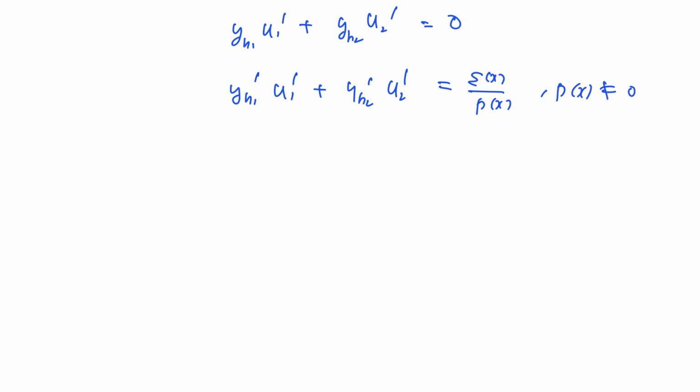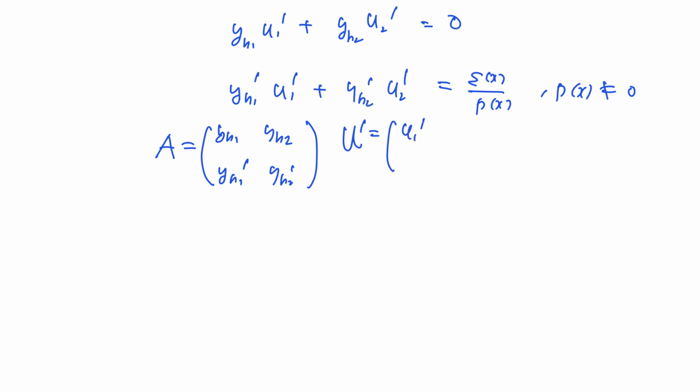Let's say A is the matrix yh1, yh2, yh1 prime, yh2 prime, and let u prime be u1 prime, u2 prime.